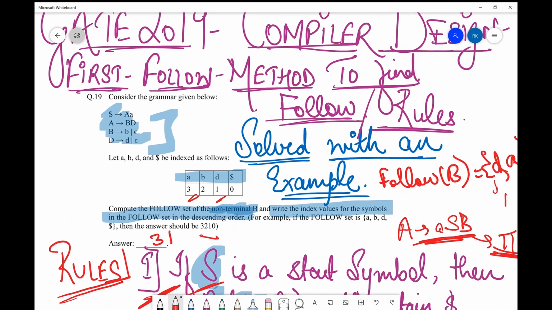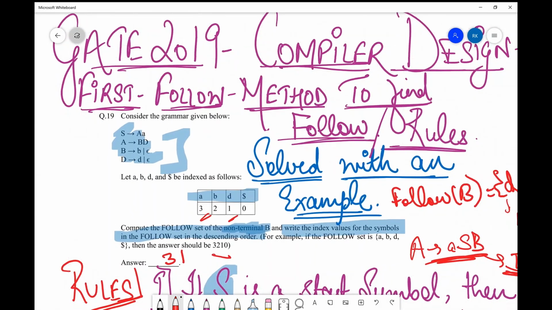So you see, if you know the rules of how to find first and follow, it is a very, very simple question. A direct question, I would say, a very scoring question. No complexity, no criticality, no second thoughts, no question where you have to pull some indirect logic. So it is a scoring part.